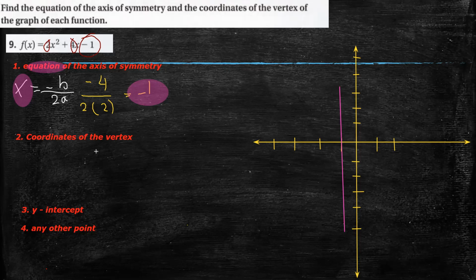Okay, I finished that. Then I need to find the 3 points. The first one is the coordinates of the vertex. The second one is the y-intercept. The third one is any other point. To graph it, I need at least 3 points.